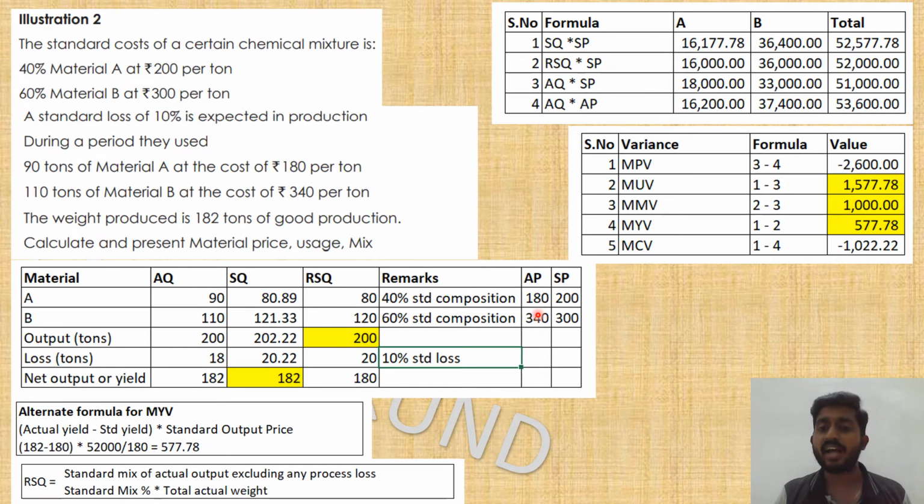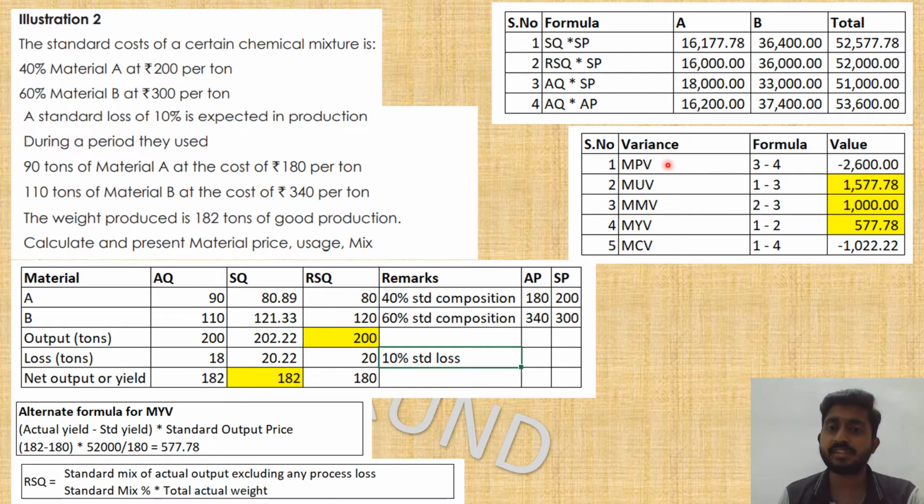Now, as per your book, columns 1, 2, 3, 4, we are calculating all the products for both A and B. So for A, what is the standard quantity into standard price? Standard quantity is 80.89, standard price is 200. Take the product here. A plus B is the total, which I have calculated here.